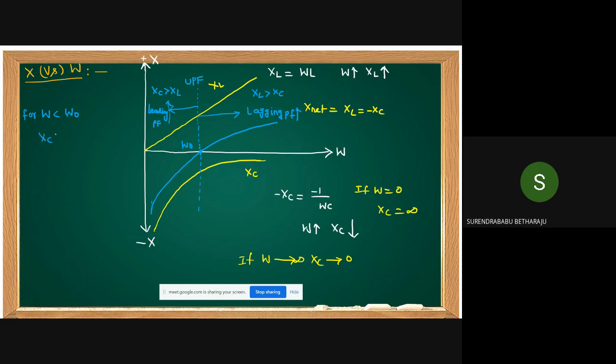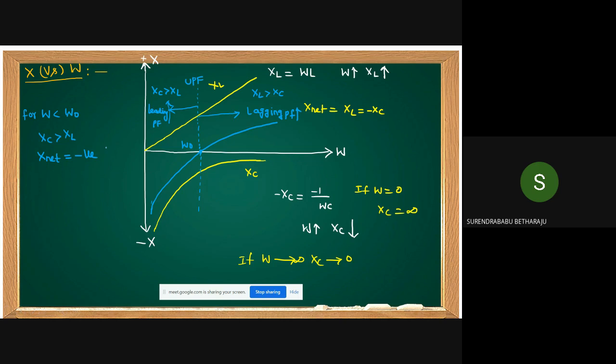Xc is greater than XL. Then is the net reactance positive or negative? Net reactance is 0 only at the resonance condition. Here it is negative, since Xc is greater than XL. The net reactance is negative.